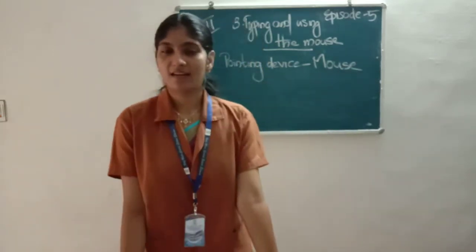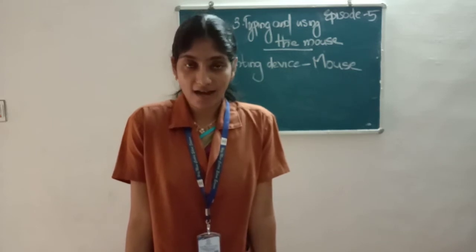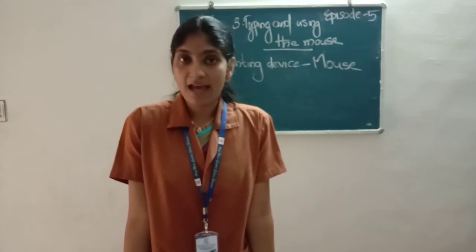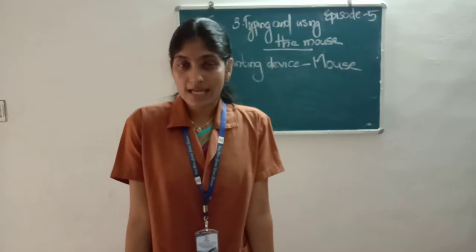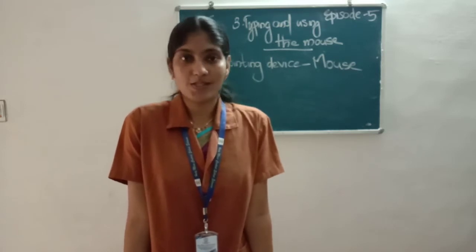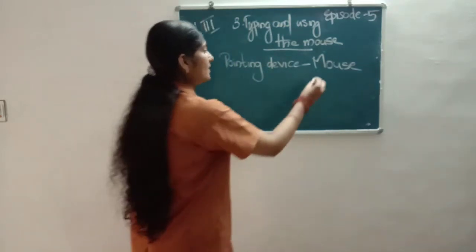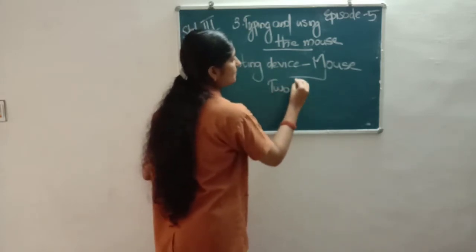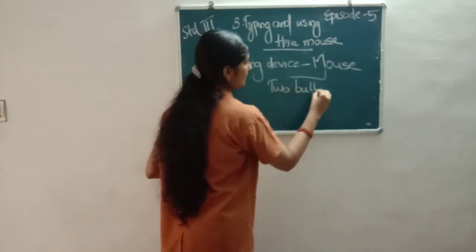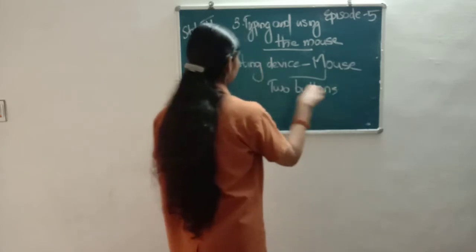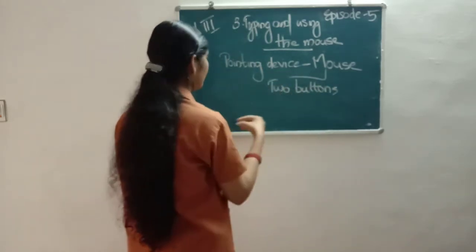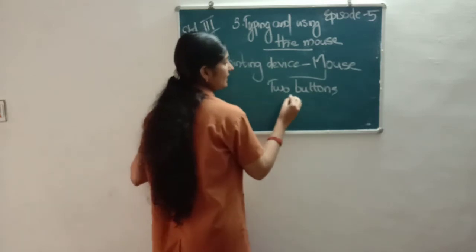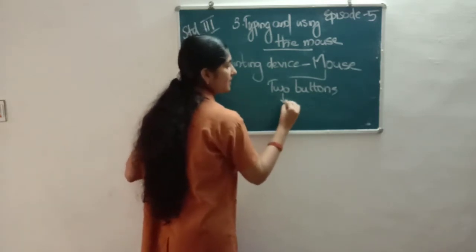Mouse is a pointing device, right? Okay. Then how many buttons are there in a mouse? There are 2 buttons, and also there is a scroll wheel between the 2 buttons. What are they? A left button.